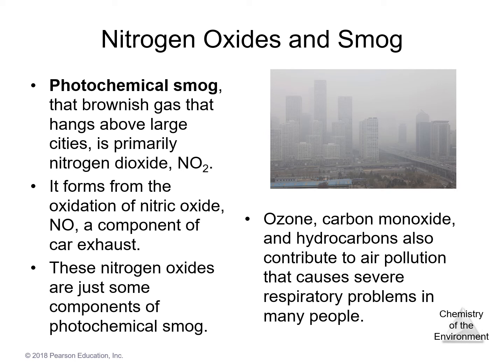On the news yesterday, they were talking about how in some areas, especially in China, the smog has actually cleared, and that's what it looks like. The nitrogen oxides are just some components of photochemical smog. Ozone, carbon monoxide, and hydrocarbons also contribute to air pollution that causes severe respiratory problems in many people.